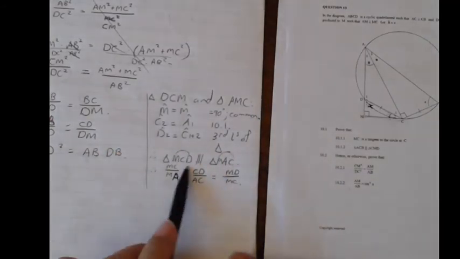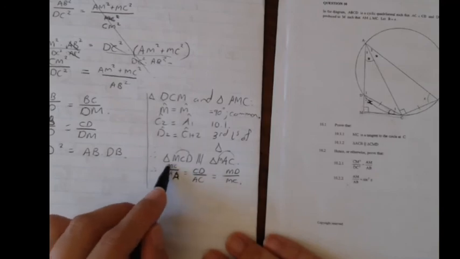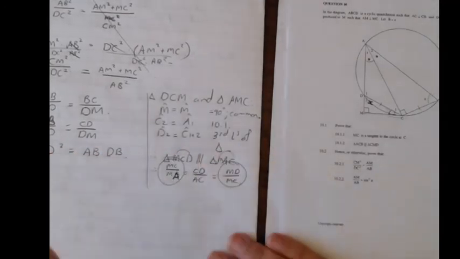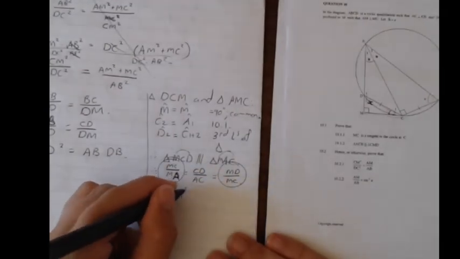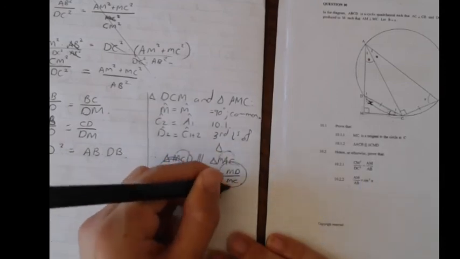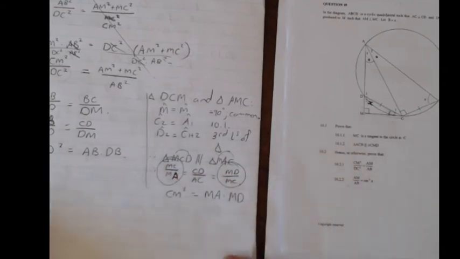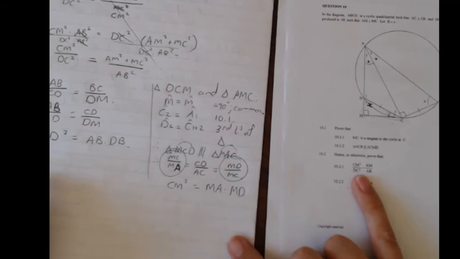And from this, I'm trying to get CM squared. So CM or MC, same thing. So I'm going to work with this one and this one. So I see that CM times CM, CM squared is equal to MA times MD, or AM times DM is probably better if you write them alphabetical. So I'm trying to get here CM squared over CD squared.